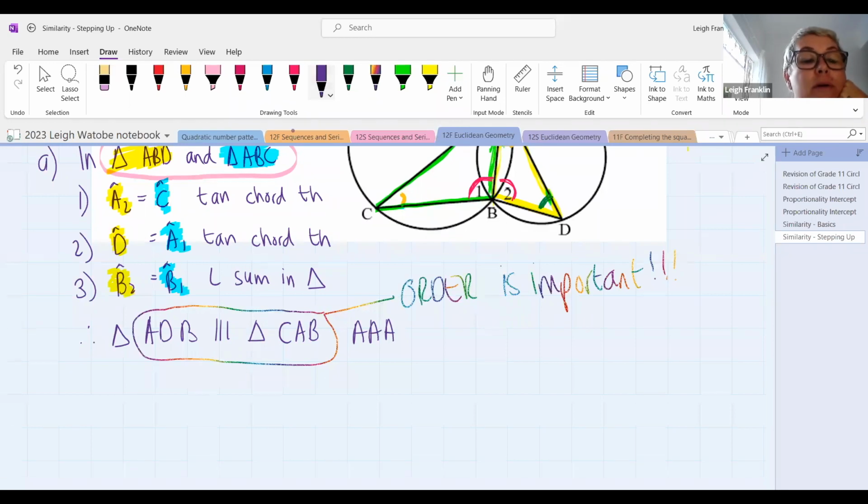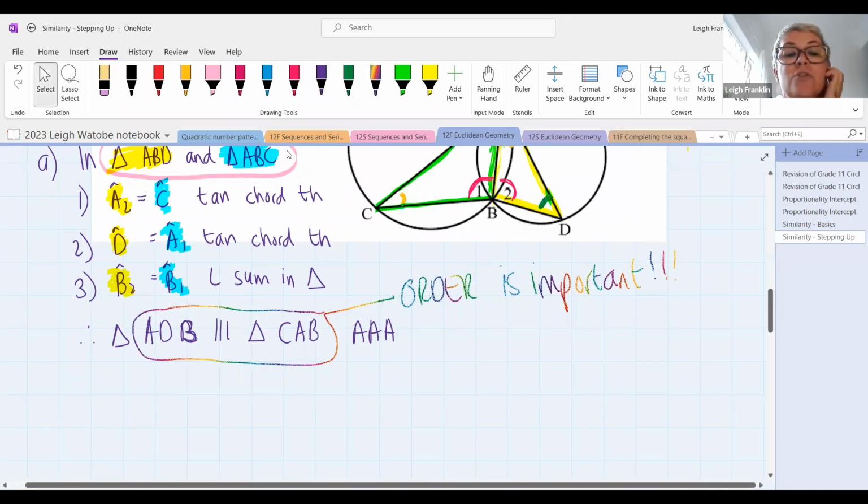Oh, Teddy's here. Hi, Teddy. Ma'am, we will look at the sizes of the equal angles and then we'll identify our corresponding sides. Okay, Teddy, absolutely. So which sides correspond with one another?